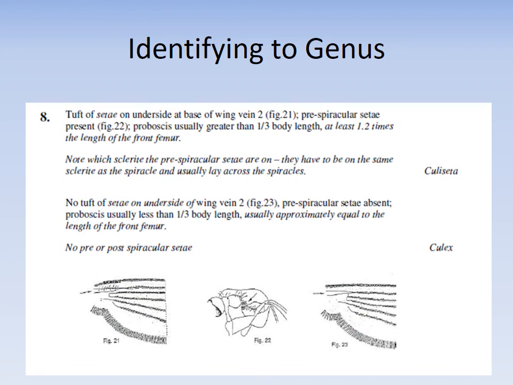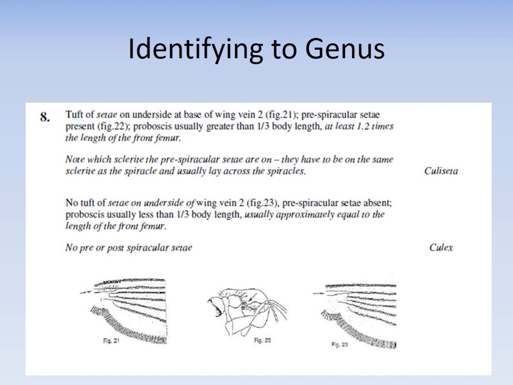And then here, this idea of the tuft of setae on the underside of the wing, but then we're also talking about the length of the proboscis. For Culiseta, the proboscis is usually greater than a third of the body length, or if it's Culex, it would be less than a third of the body length.